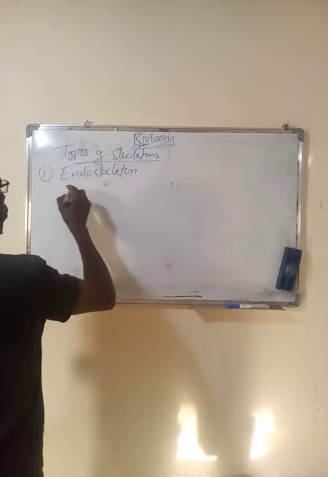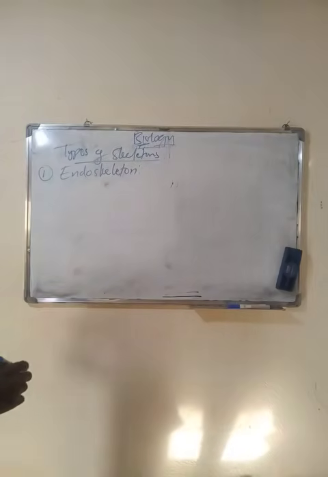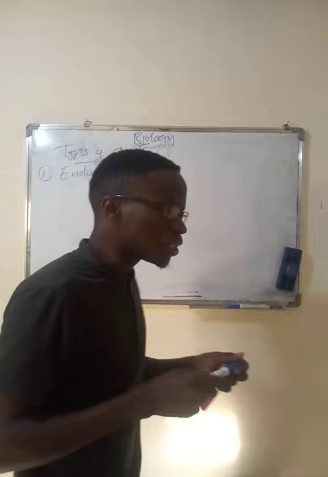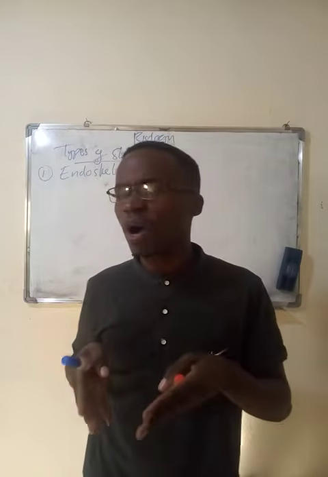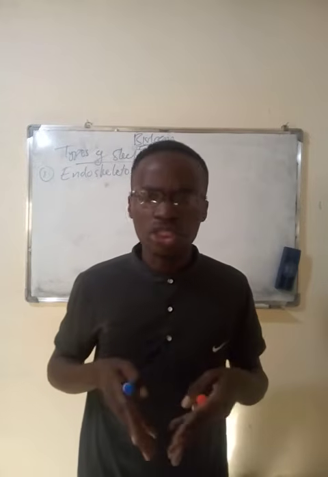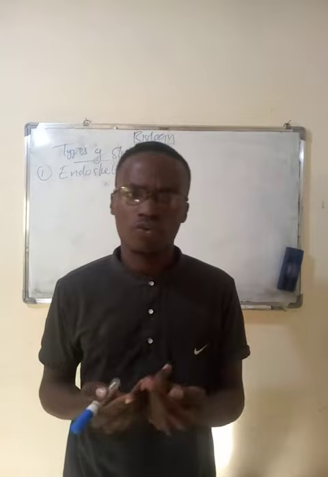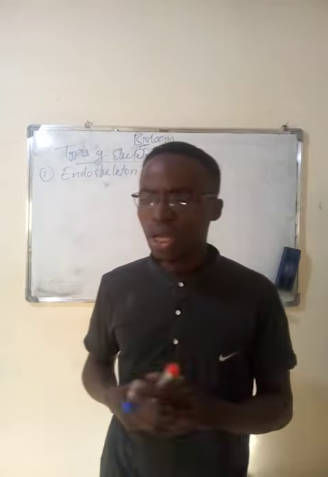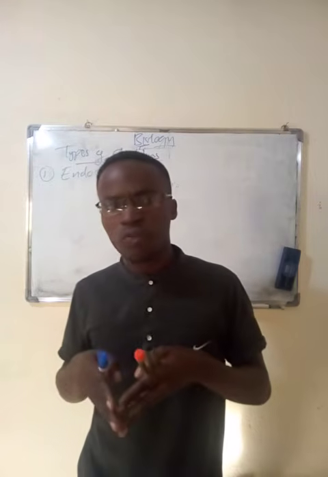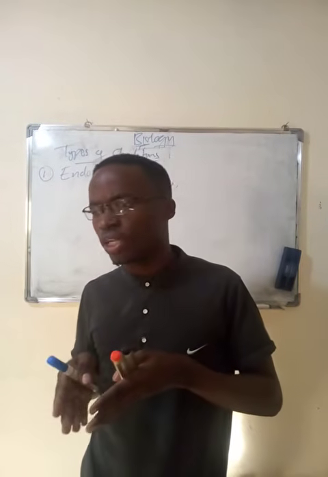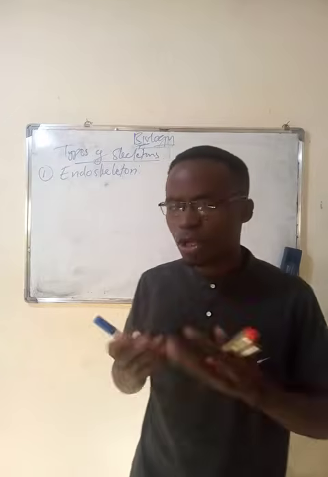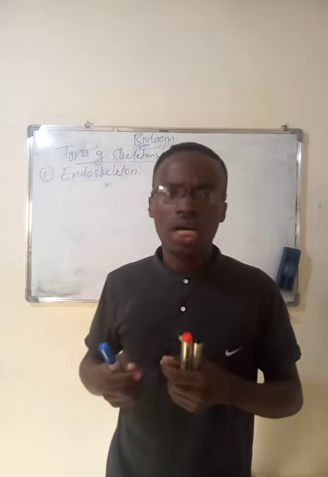Now the word endo here means inside. So this is a skeleton that is found inside the body of an organism. Basically, you can't see the skeleton from outside, but within the body of the organism, that's where you're going to find that skeleton.